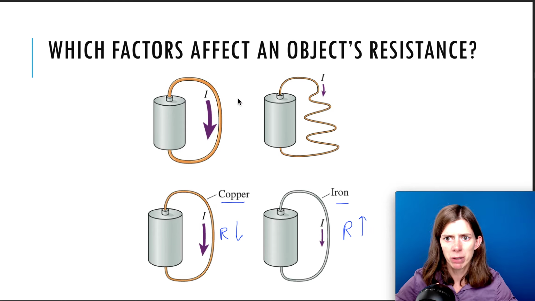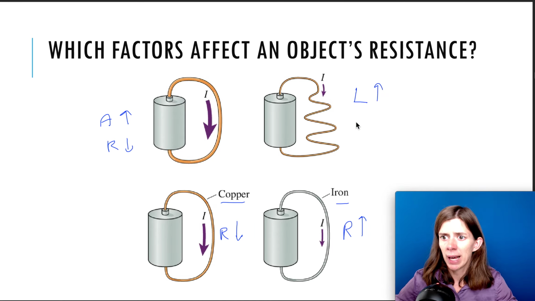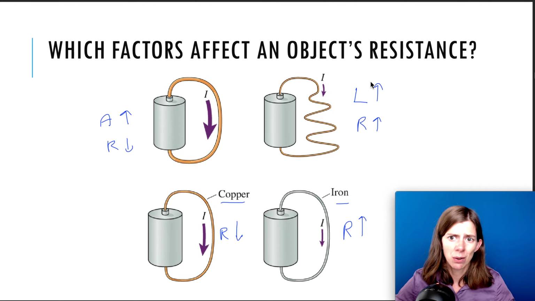Likewise with the previous picture, when you have a big area, you have more current, which means less resistance. When you have a bigger length, then you have less current. That means that the resistance is higher, right? So resistance and current are inversely related. If resistance goes up, then current goes down, and vice versa.